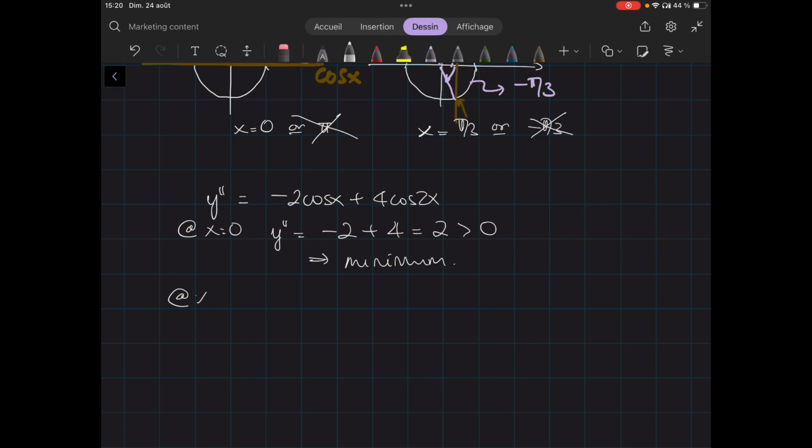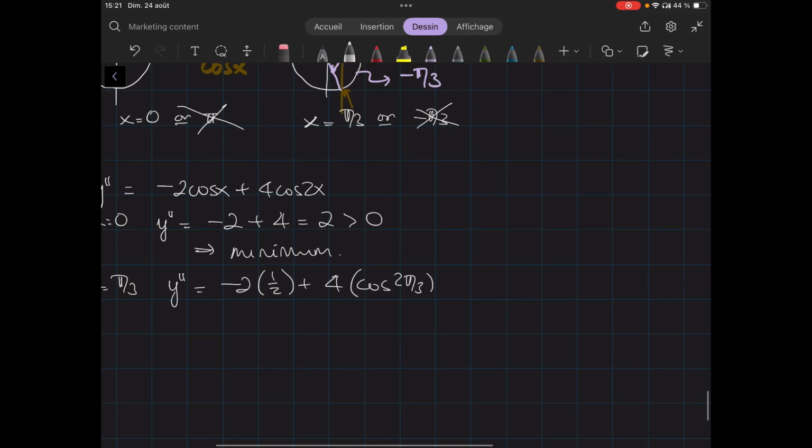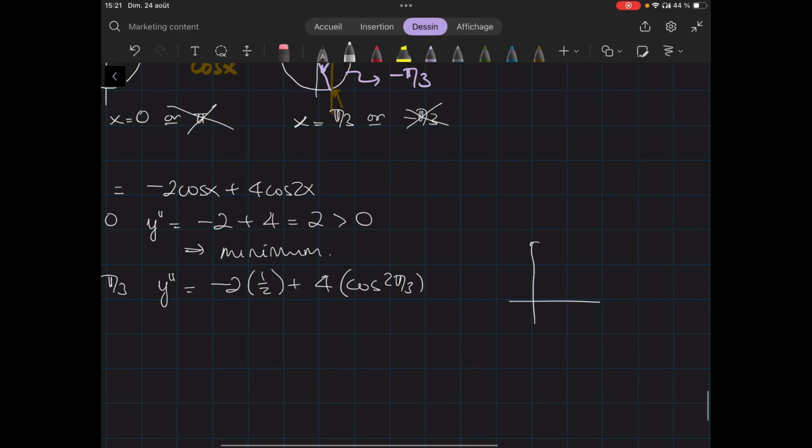Similarly, at x equals to pi by 3, y double prime is equal to negative 2 times a half, plus 4 times cos of 2 pi by 3. I'm just going to quickly sketch out the curve y equals to cos of x.